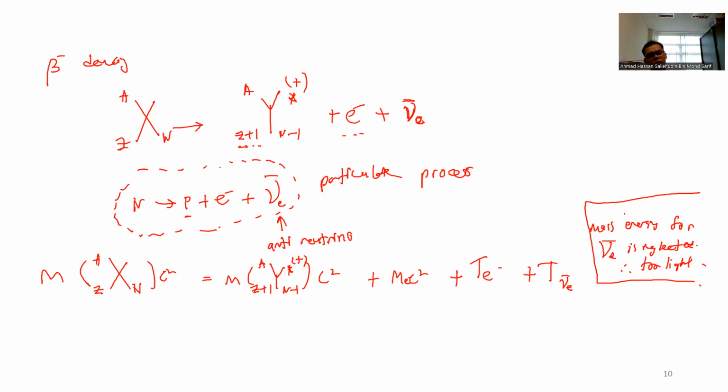But conventionally, the kinetic energy of it is included in the equation.